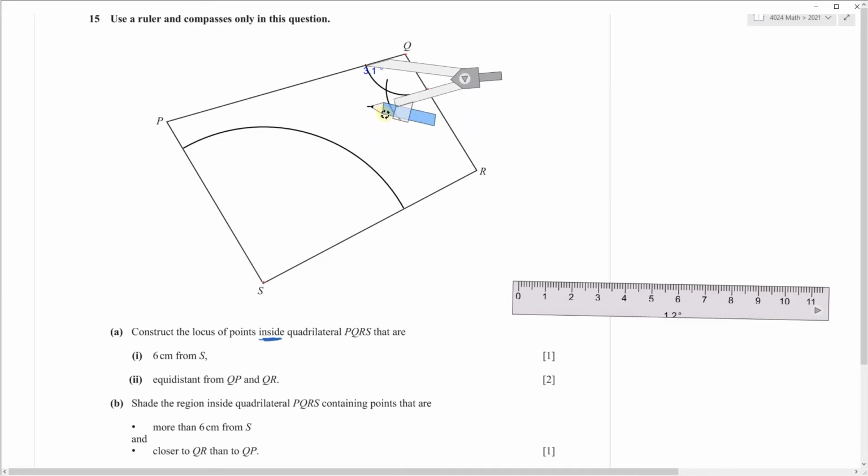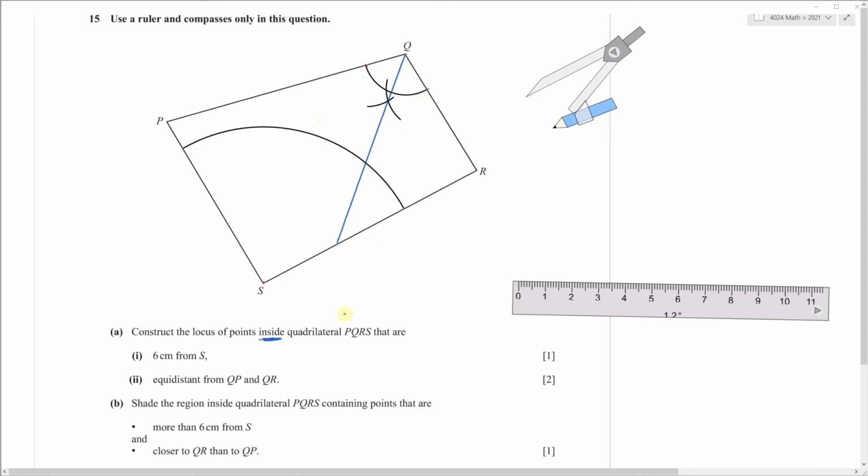Then I draw a line from point Q which passes through the intersection of these two arcs. Let's draw a straight line here, starting at Q and passing through the intersection of the two arcs. Again, we have to remain inside the quadrilateral PQRS. So this is the locus. This blue line is the locus of points that are equally distant from line QP and line QR.